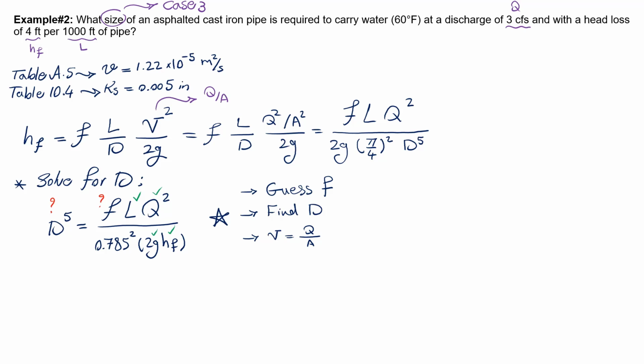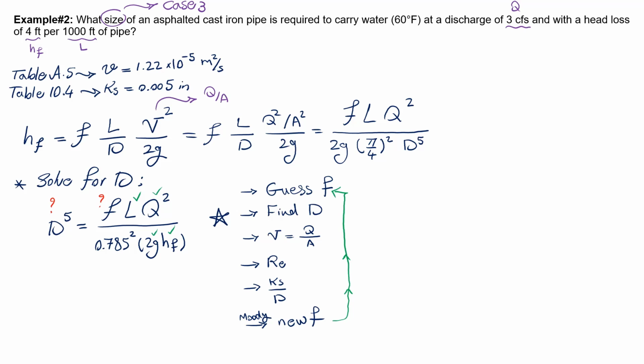And once you have velocity, you can calculate Reynolds number. Once you have Reynolds number and D, you can calculate K sub S over D and go to Moody and find a new F, and then compare this F to this F. If they are equal or very close, perfect. If they are not, then you need to guess again.